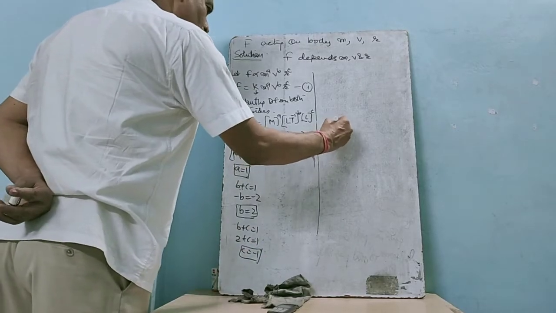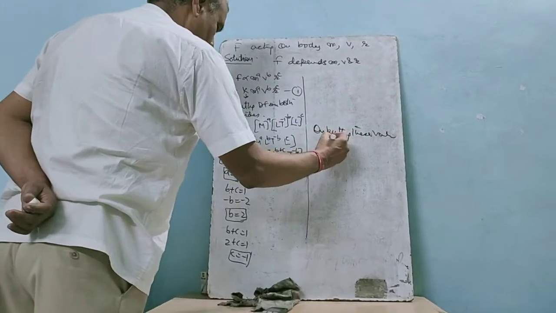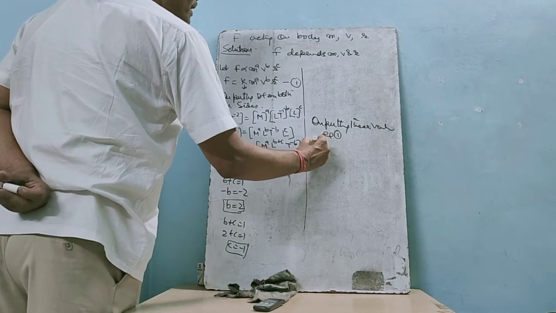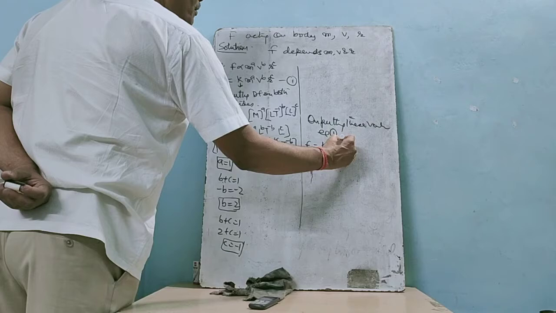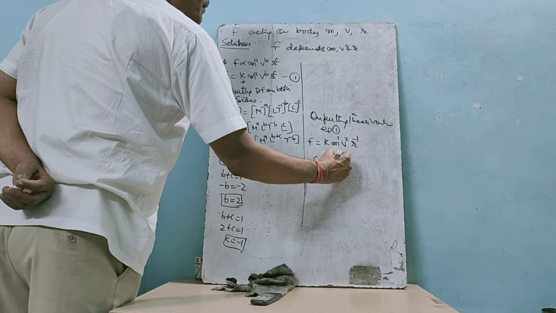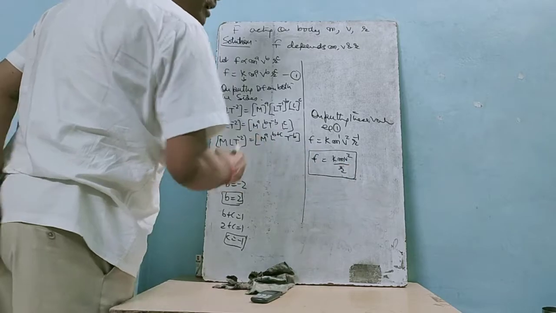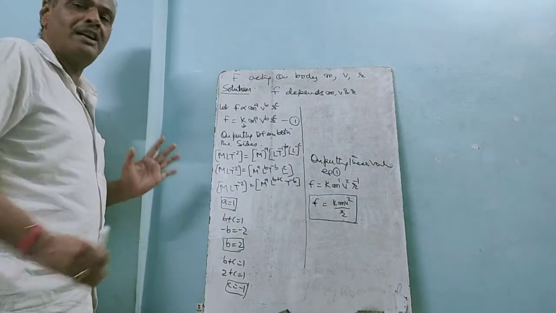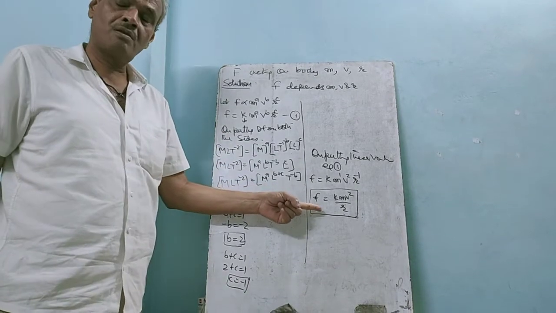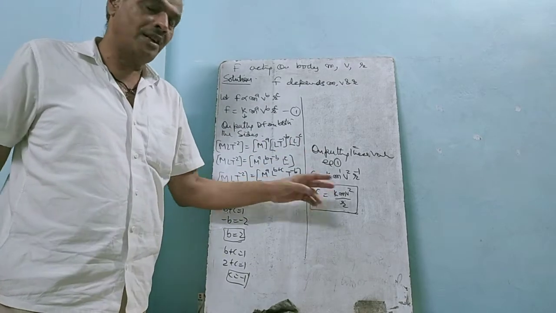On putting these values in equation number first, F equals K, M to power 1, V to power 2, R to power minus 1, so F equals K mv square upon r. We cannot find the value of K dimensionally. This is the formula for centripetal force acting on a body.